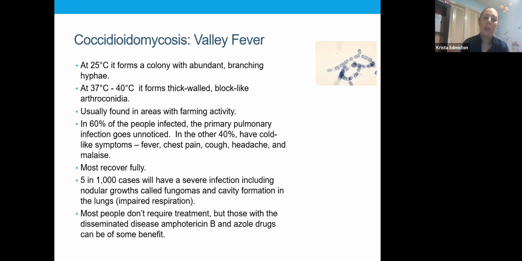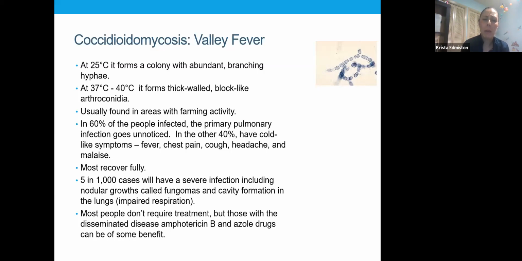60% of the people that are infected with it have a primary pulmonary infection that goes unnoticed. So cough, kind of cold-like symptoms, nothing to write home about, just a unique cold.